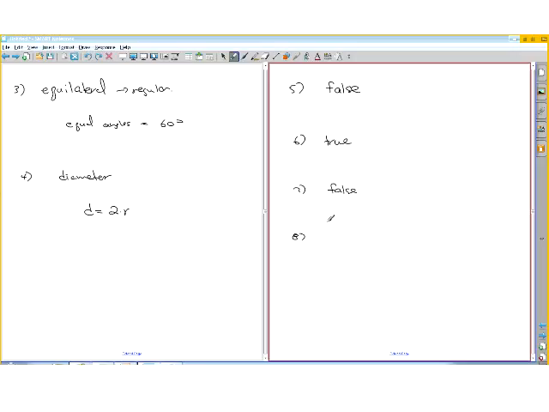A square is both a rectangle and a parallelogram. Okay, so if we look at what a square is, on page 459 it says a square is a rectangle, so that's definitely true. And then we look up parallelogram. A parallelogram is a quadrilateral with two pairs of parallel sides. So a square has two pairs of parallel sides, so a square is a parallelogram. A parallelogram may not necessarily be a square.